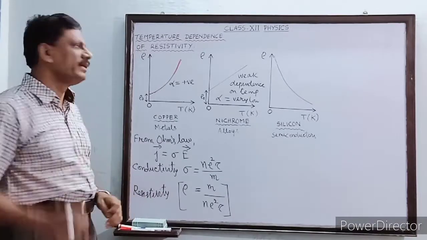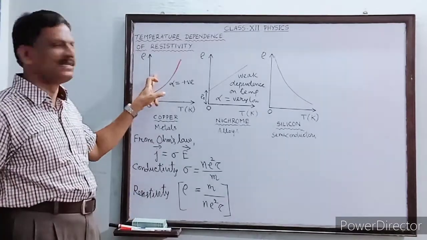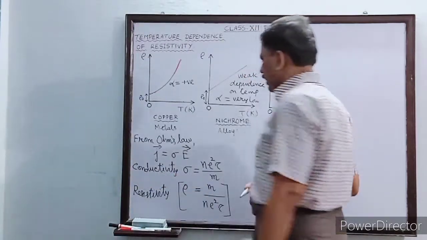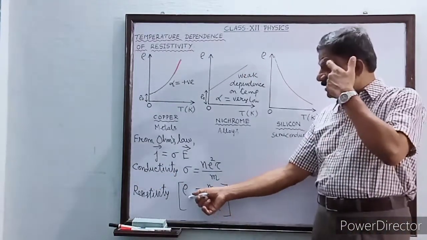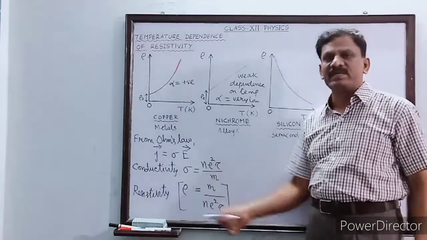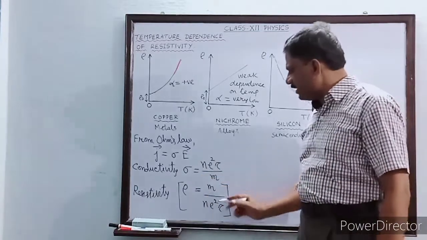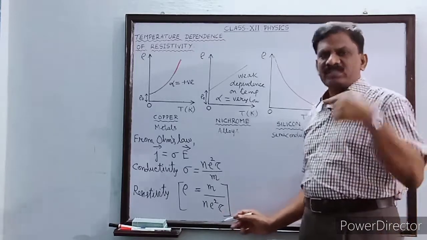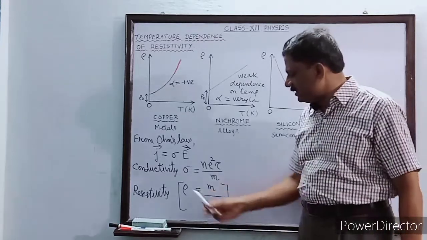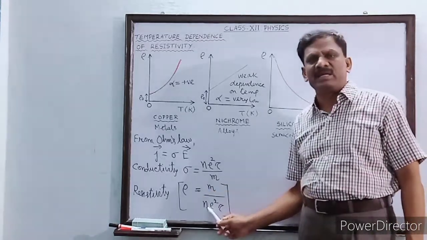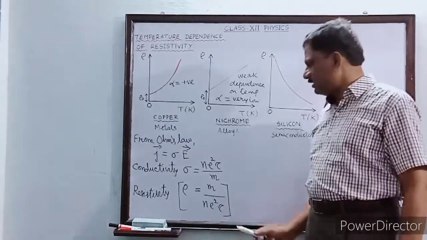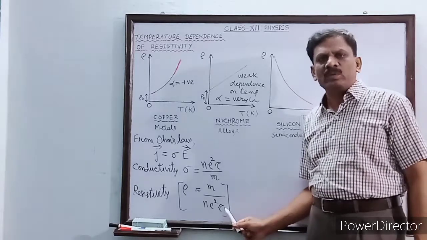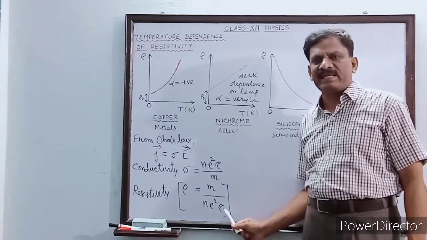So now we are going to explain why the resistivity increases with the rise in temperature in the case of a metal. Look at the equation once again. Specific resistance or resistivity rho is given by m divided by n e square tau. So the resistivity is inversely proportional to the number density of electrons, and also inversely proportional to tau, the average relaxation time.